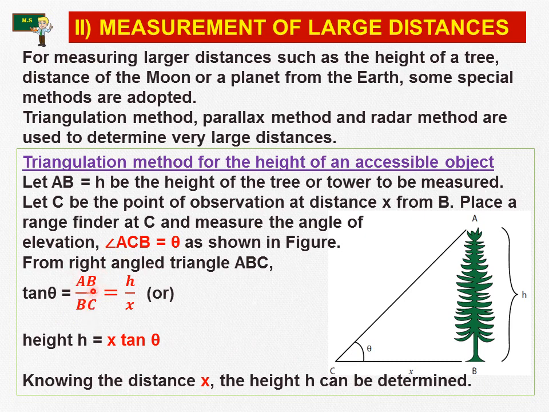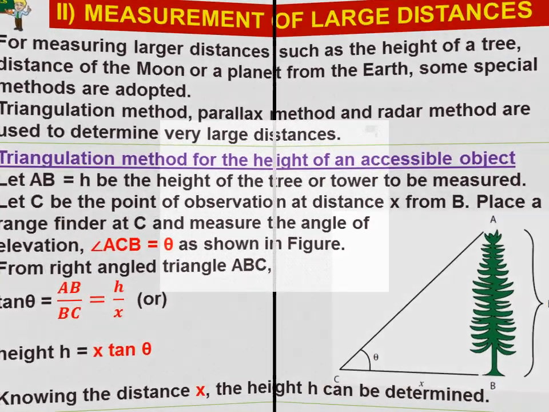As you know, AB is equal to H and BC is equal to x. Therefore, height H is equal to x tan theta. This x goes to this side and H is equal to x tan theta. Knowing the distance x, that means the distance between the range finder at C and B, you can determine the height.